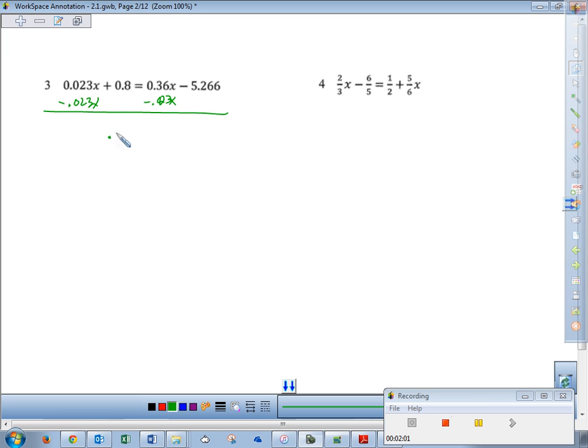So 0.8 is coming down. And then you get, is that 0.337? Is that right? X. And then add 5.266 over there.